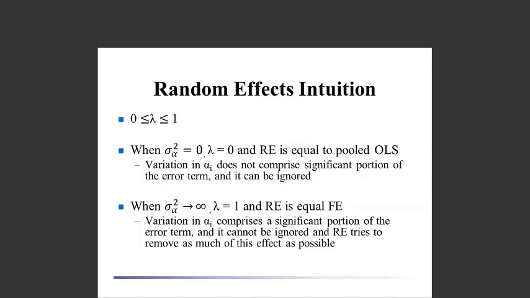And this makes sense, since alpha would then comprise a significant portion of the error term, and it can't simply be ignored. So the random effects estimator would try to remove as much of this effect as possible, much like the fixed effects estimator does.